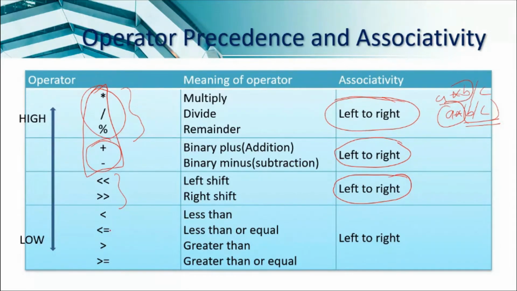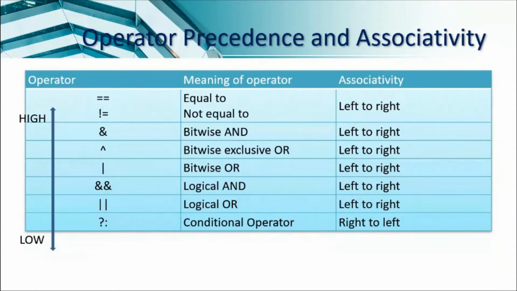Then less than or equal to, greater than or equal to have the same precedence, not high precedence, the same precedence. In that case also the associativity is left to right. So whatever appears in a single row has the same precedence.